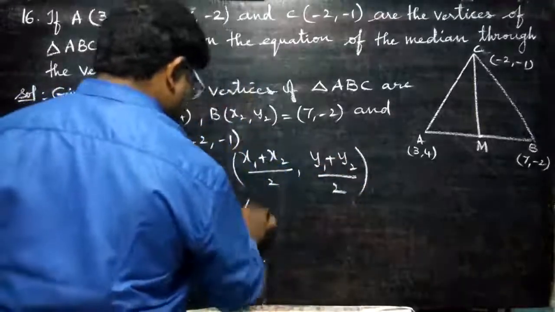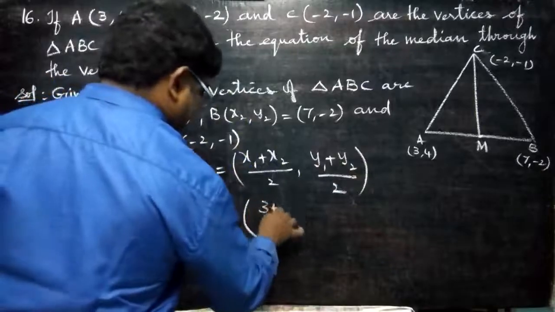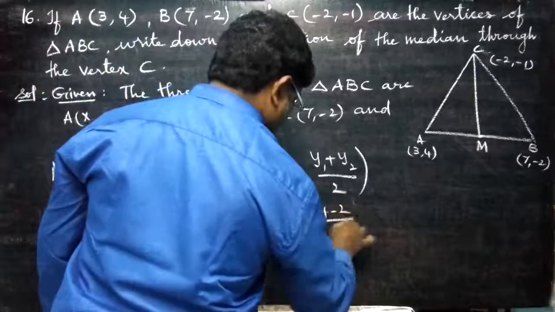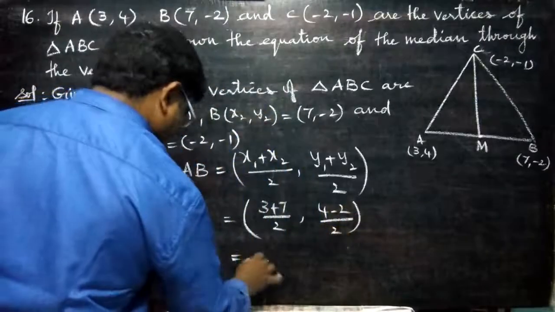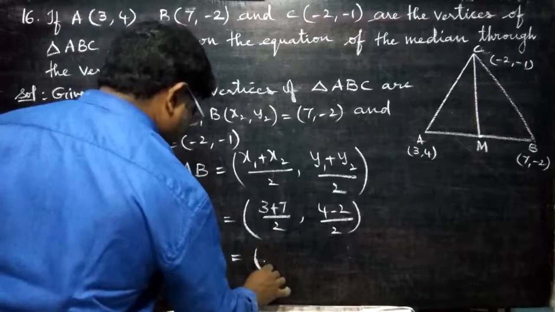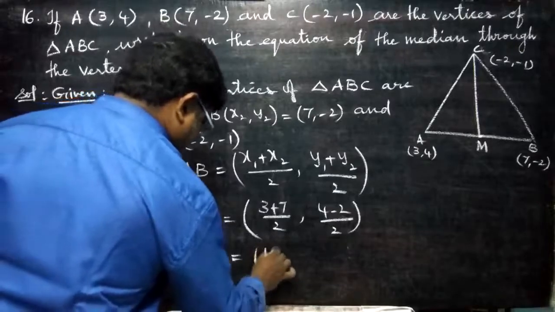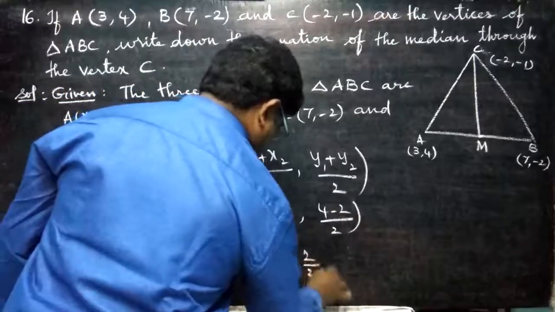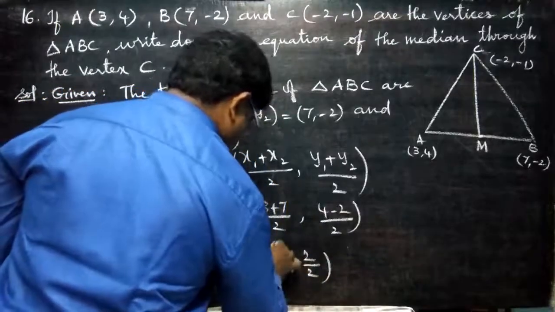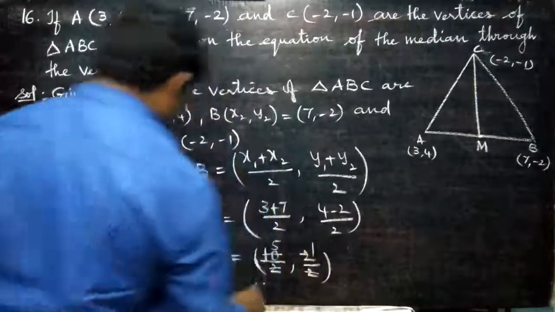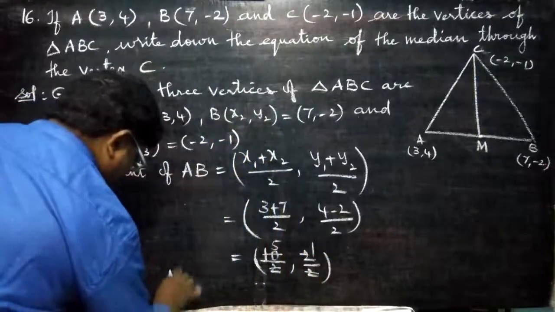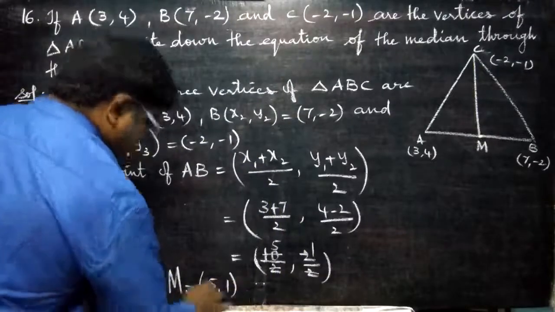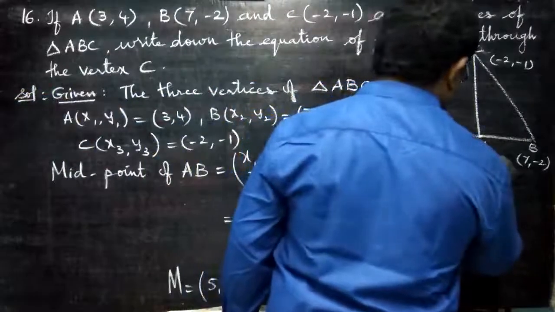Now that is equal to 3 plus 7 by 2 comma 4 minus 2 by 2. 3 plus 7 is 10, 10 by 2 comma 2 by 2. 2 goes 5 times, 2 goes 1 time. So M is equal to 5 comma 1.